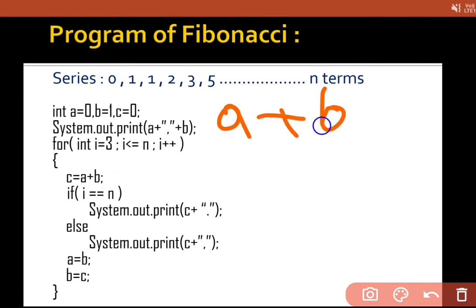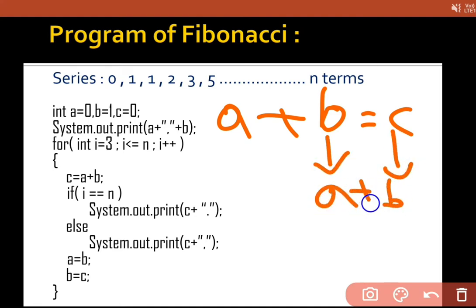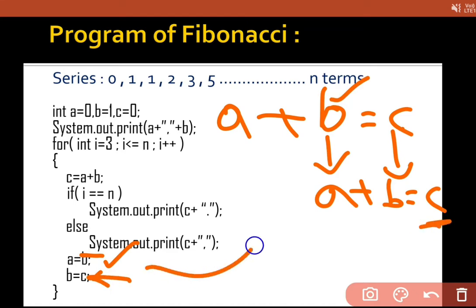I'm adding A and B, storing in C. I want to store the value of B into A and C into B, and I want to add them and again store them into C. In this way I want to move further. That's why see what I had written here. I'm placing the value of B into A and C into B. And again I am adding them and displaying them.